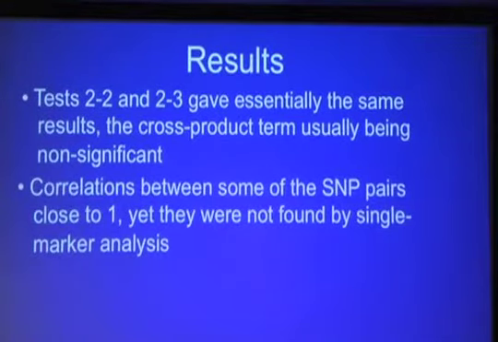All right? The correlation in some of the pairs was close to 1. Now you'd have thought if the correlation was close to 1, surely doing 1 at a time would find it. But it didn't. It worried us a little bit until we figured out what was going on.